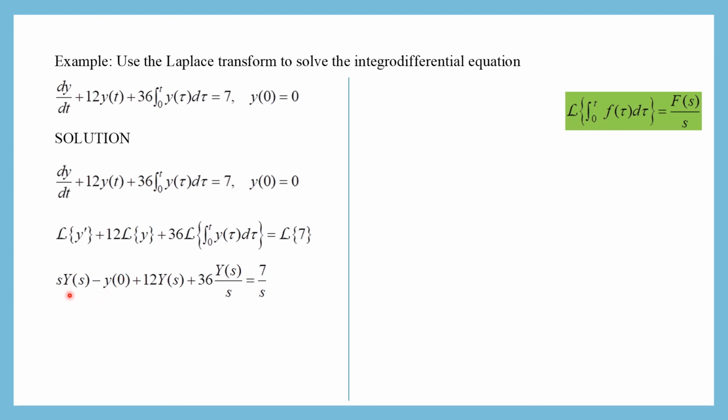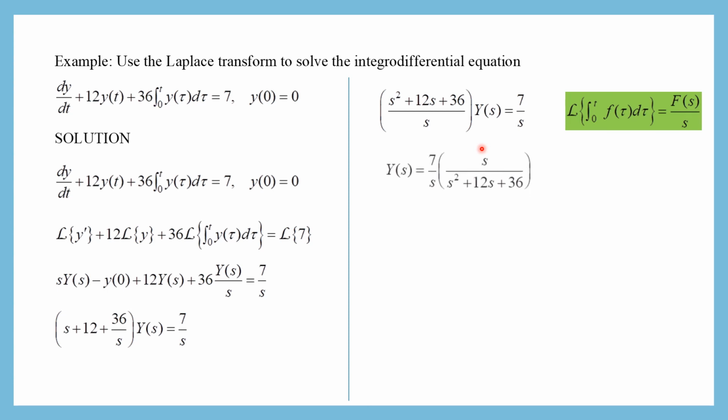And there are three terms which involve the common function Y(s). So let us factor out Y(s), and inside this bracket, we write down the coefficient of each of the Y(s) on the left side of the equation. So it becomes s plus 12 plus 36 over s. Now the coefficient of this Y(s) can be made into a single quotient as follows: (s squared plus 12s plus 36) divided by s, multiplied by Y(s), is equal to 7 over s.